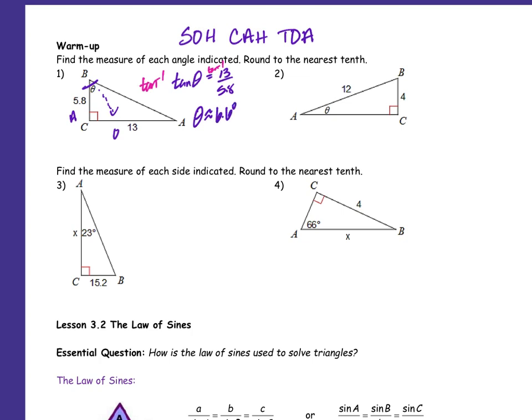Oh, I don't know why I put a decimal in between it. Let me fix that. 66 degrees. So it was 65.9495, I think it was.